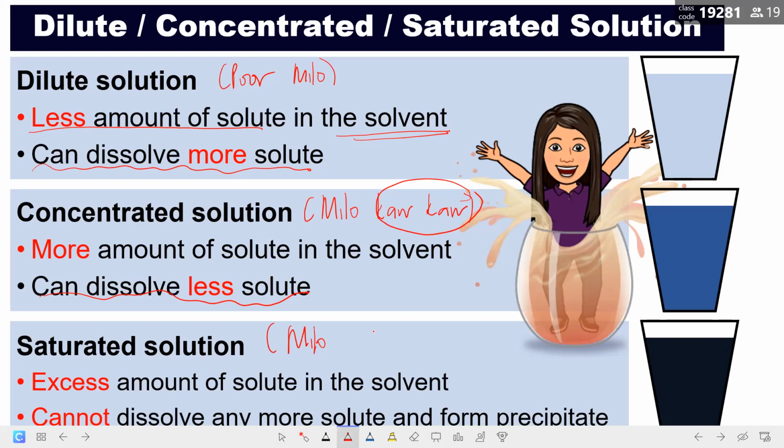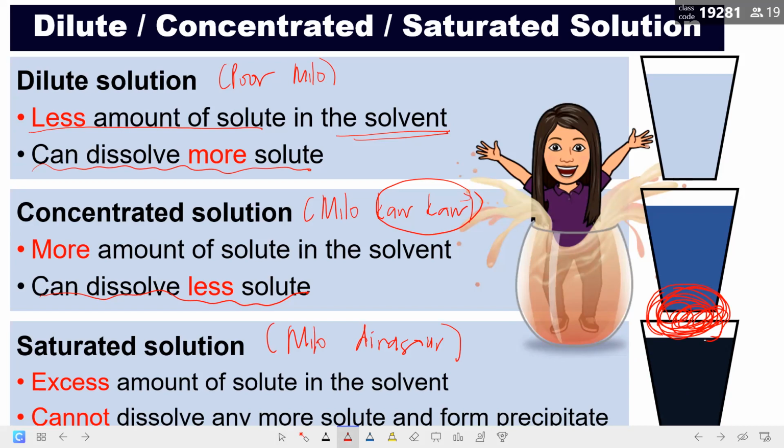It's your Milo dinosaur. Who doesn't know what Milo dinosaur is? Milo dinosaur is actually when you have a normal concentrated solution already, and then on top of that you put Milo powder. This one confirm instant diabetes.